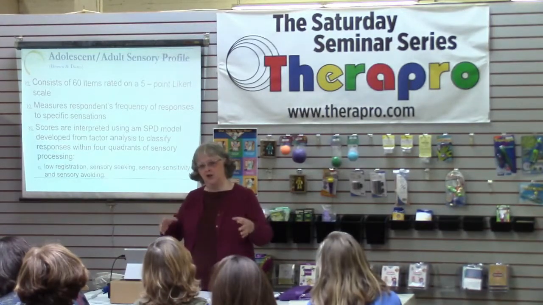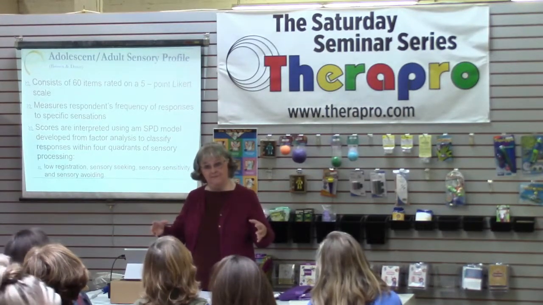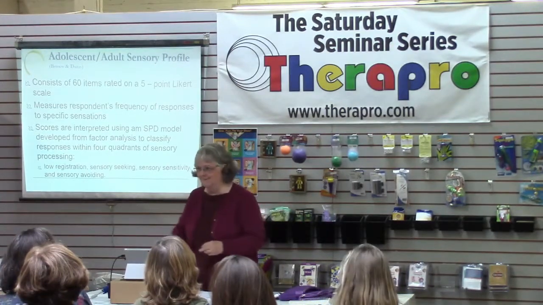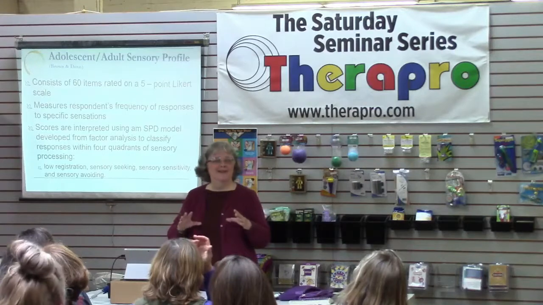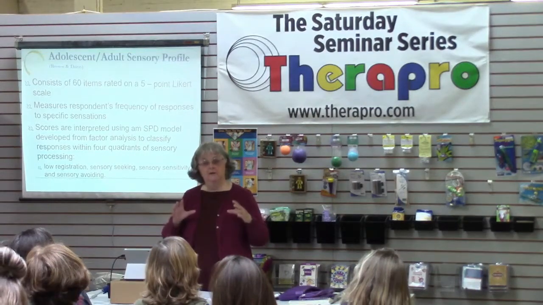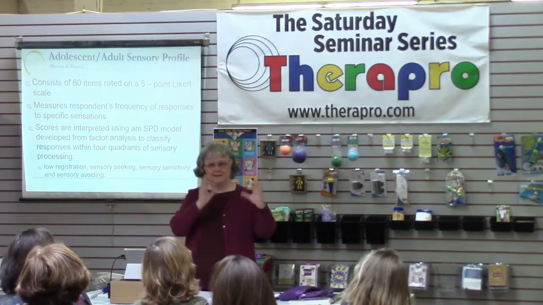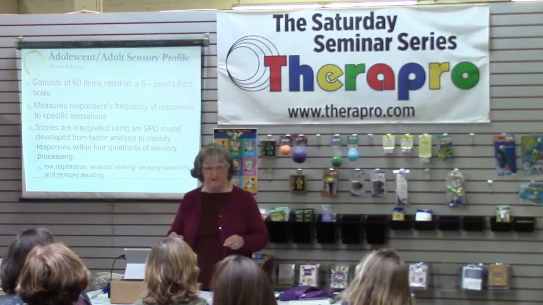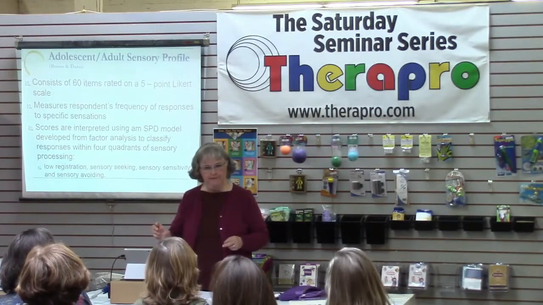Winnie Dunn had a large NIH grant, okay? And please don't put this on the web. She had a large NIH grant to evaluate some functioning, and she needed a standardized assessment for sensory processing, and there were none at the time.